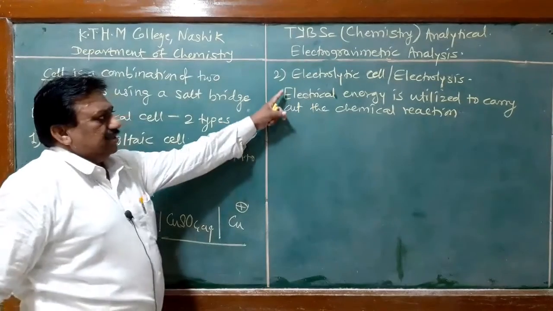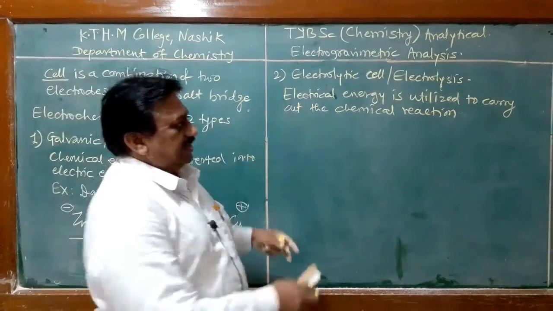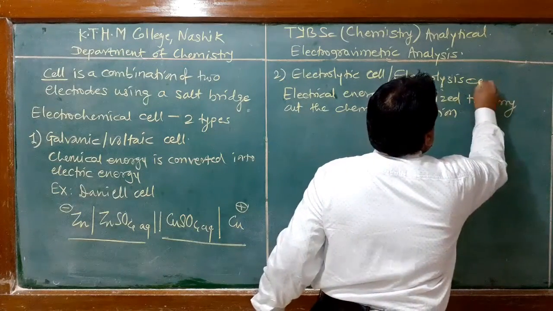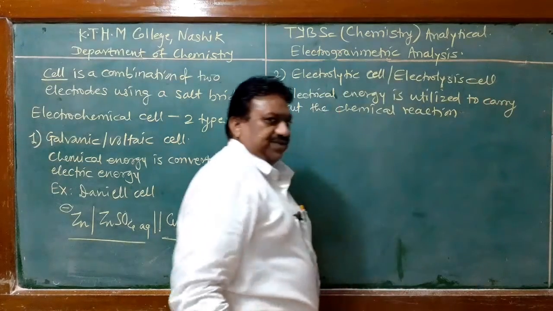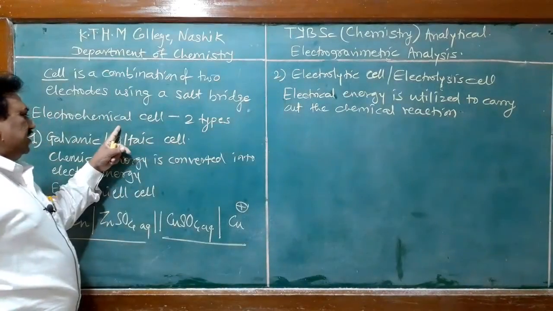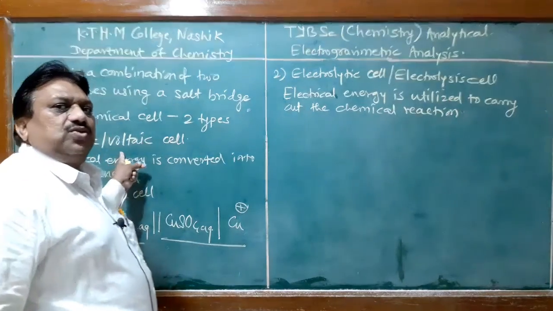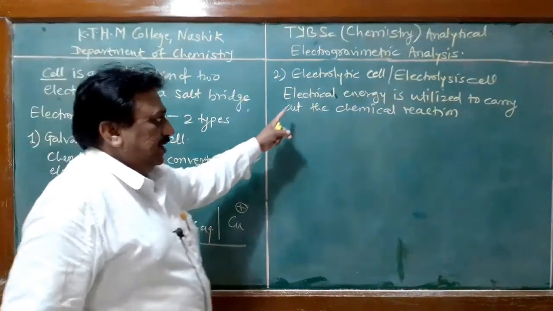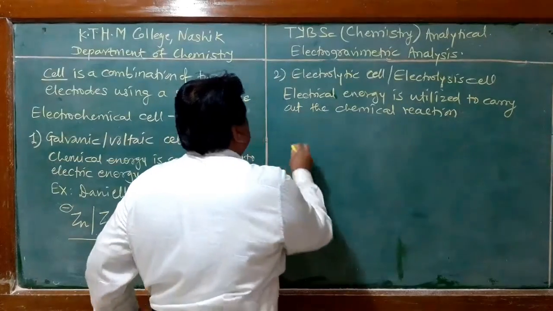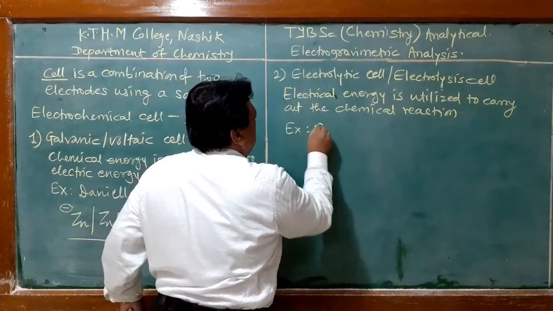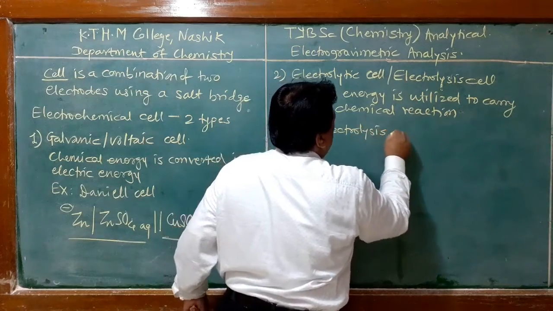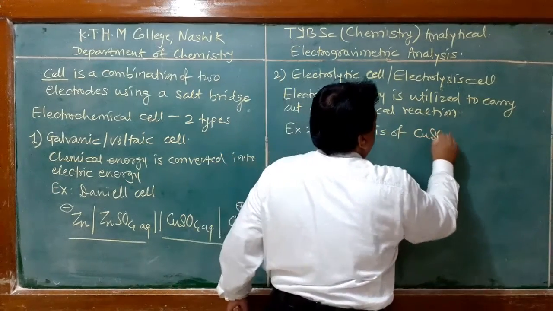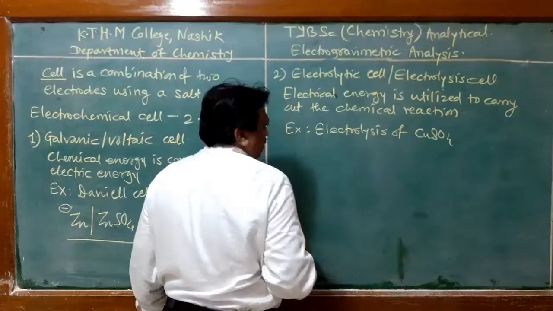Therefore, in this electrolytic cell, electrical energy is converted into chemical energy. In a voltaic cell, chemical energy is converted into electrical energy. Examples of the electrolysis cell are the electrolysis of copper sulfate or the electrolysis of water.